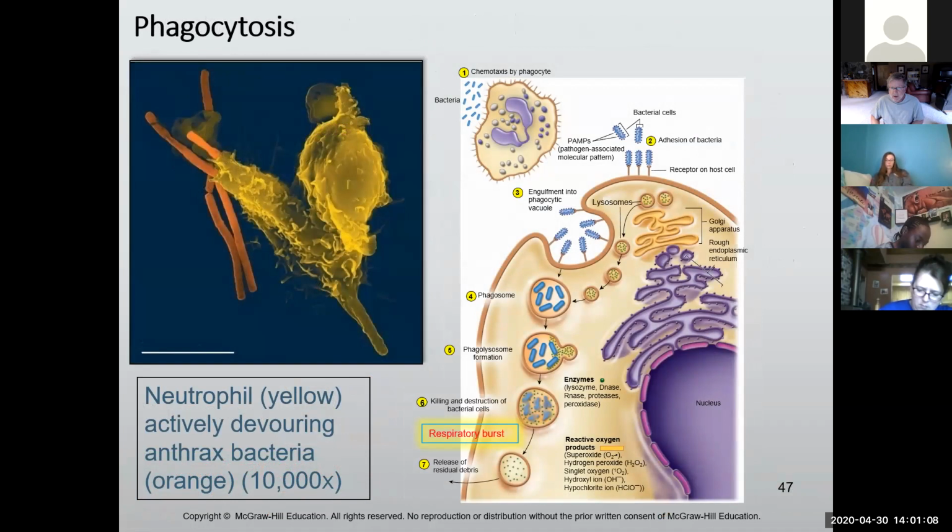This just talks a little bit more about how the macrophage, once it's phagocytized the foreign invader, the bacterium in this case, kills it through this respiratory burst. Very interesting. The book talks a little bit about that, so I'll let you read that over. This is an internal phenomenon that occurs within the macrophage following phagocytosis.